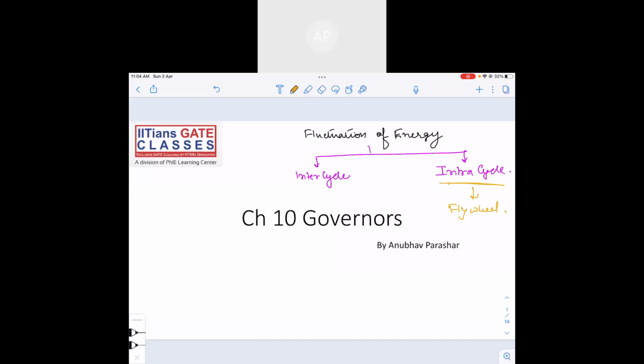Let's see. For example, you are driving a car. Let me take this example because I have to explain it in the minimum possible time.